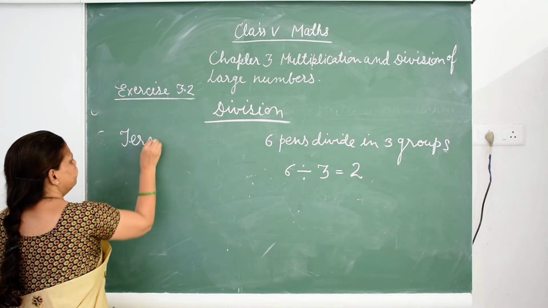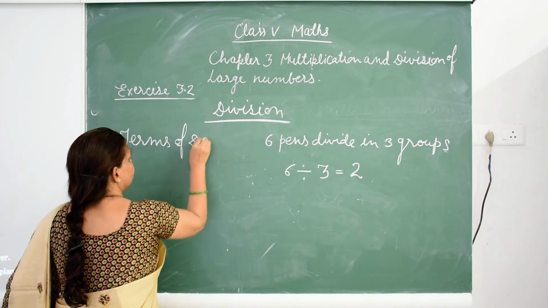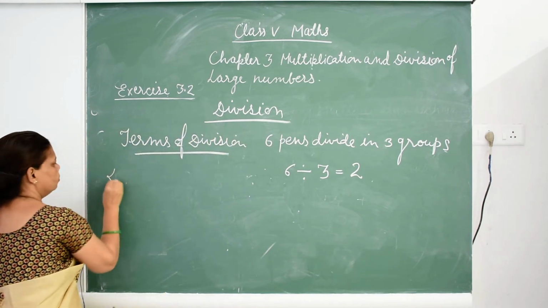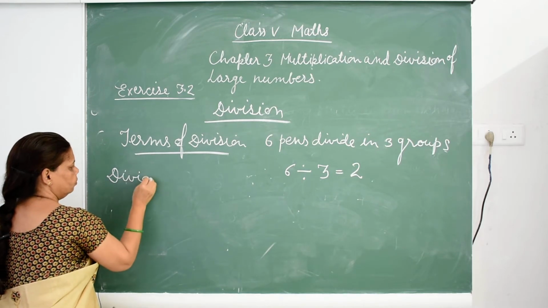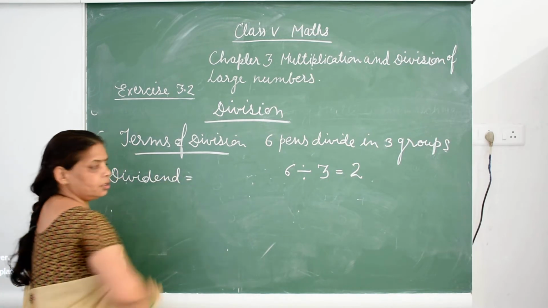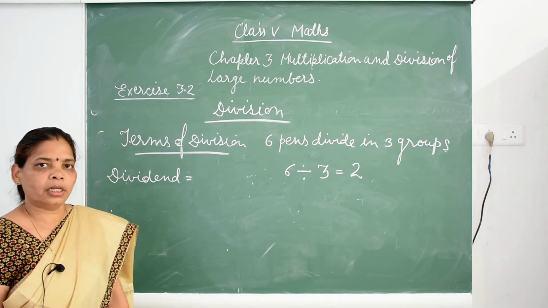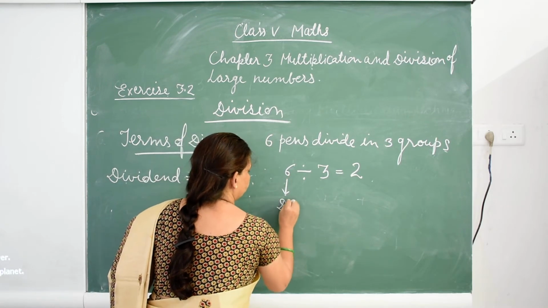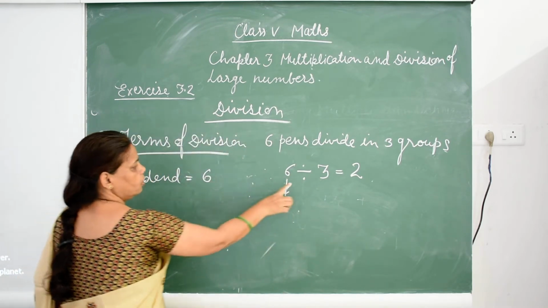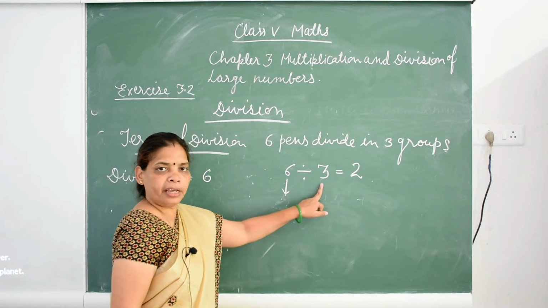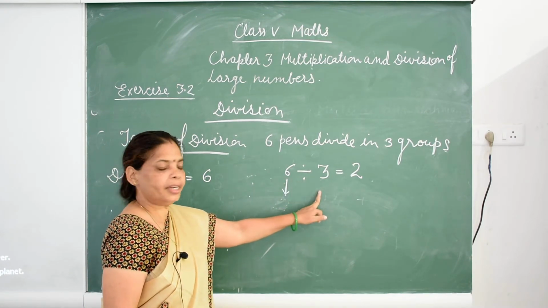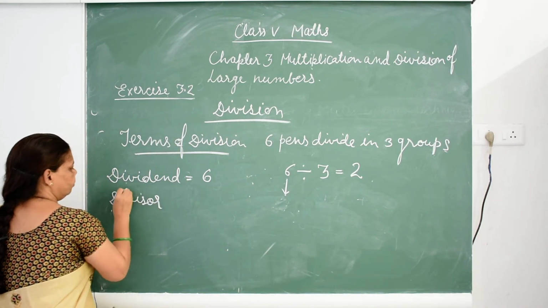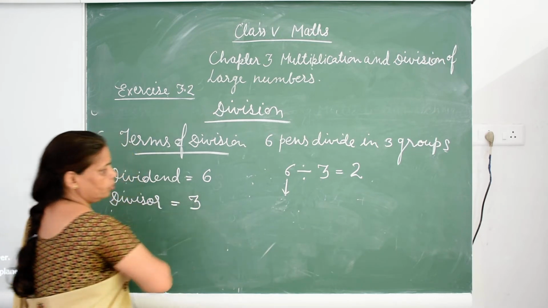Terms of division. Dividend. What is dividend? The number which is to be divided. Here we write dividend is 6, and the number by which we divide the dividend, जिस नंबर से हमको डिवाइड करना है वो है डिवाइजर, that is divisor, which is 3.